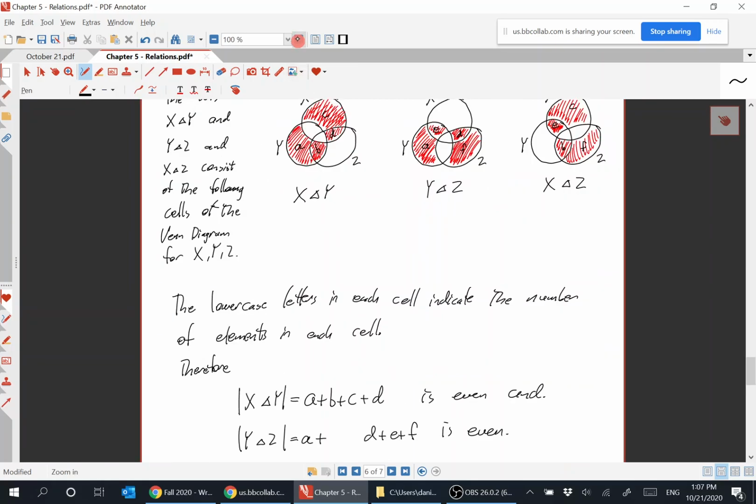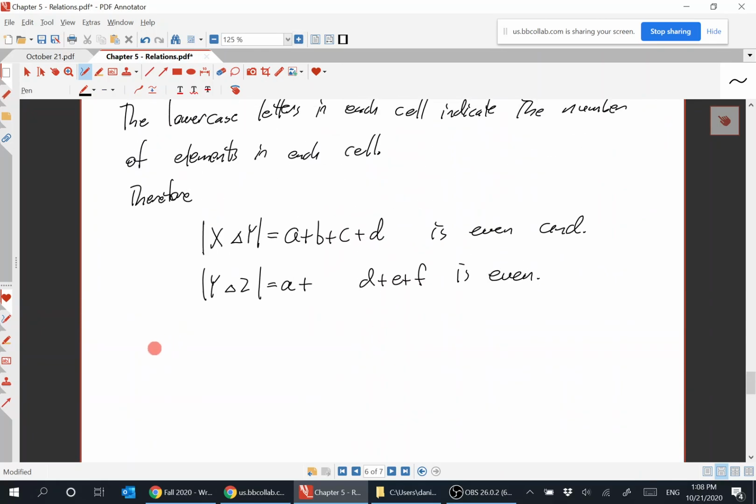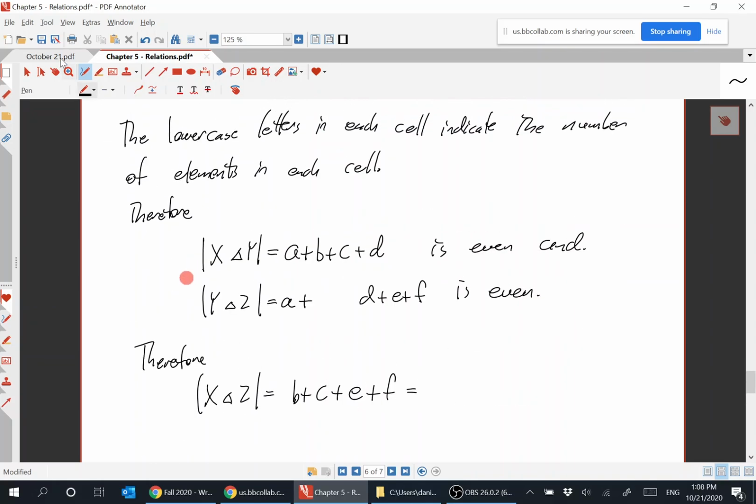How is that going to happen? X symmetric difference Z, which is equal to B plus C plus E plus F. So we would like that to be even.